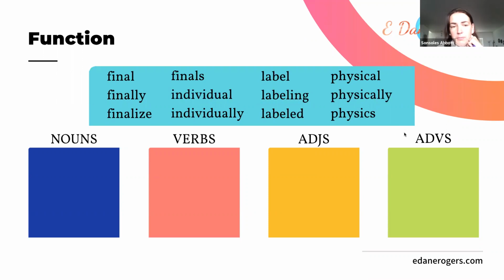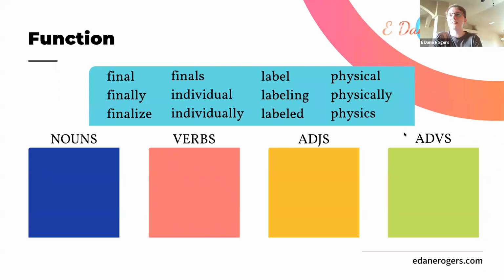Label can be both a noun and a verb, depending on how we use it in the sentence. How about physical? What comes to my mind is physical condition. So it will be an adjective because it's giving a qualification for condition. What kind of condition? Perfect. Yes, it is an adjective.